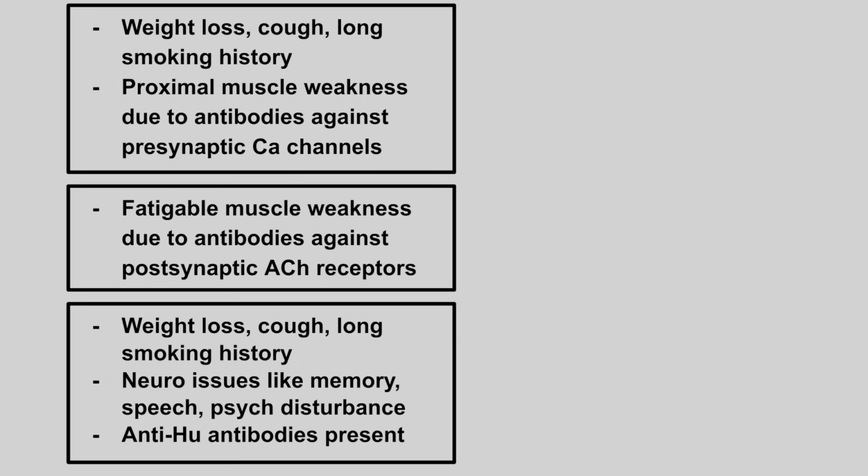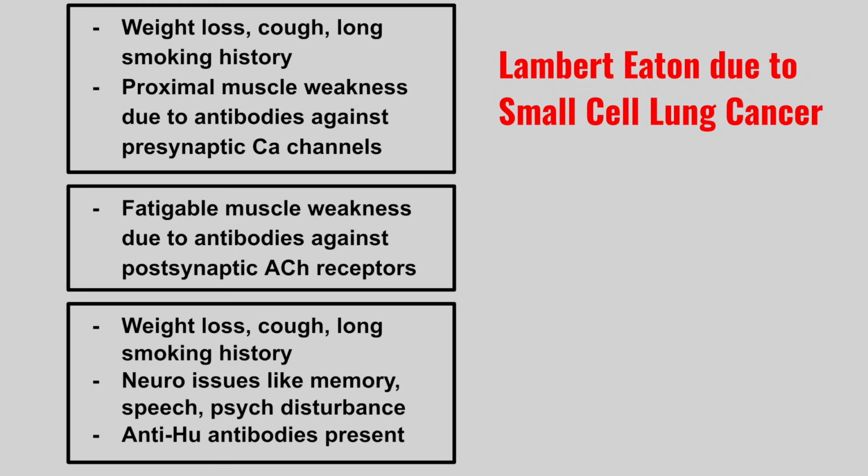Now we have weight loss, cough, long smoking history, proximal muscle weakness due to antibodies against the presynaptic calcium channels. This is Lambert-Eaton syndrome due to small cell lung cancer. Now we have fatigable muscle weakness due to antibodies against postsynaptic acetylcholine receptors.